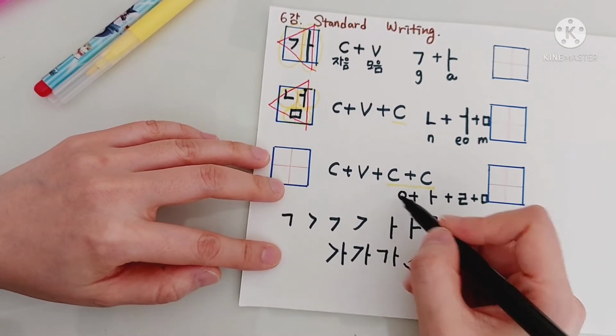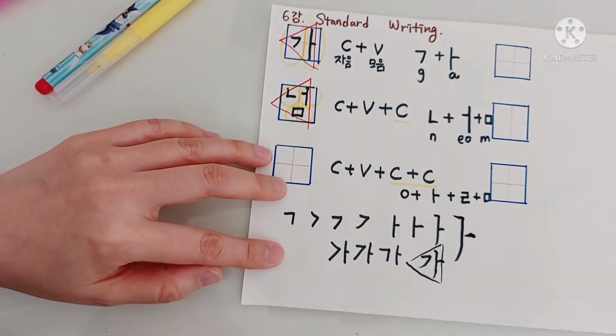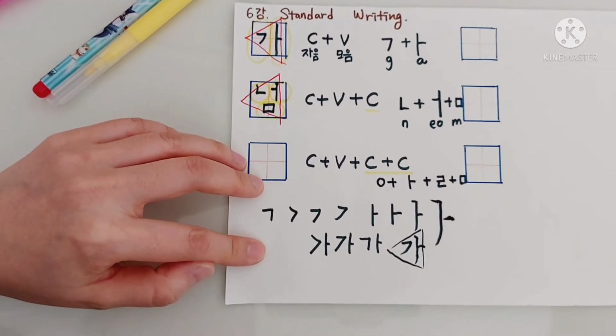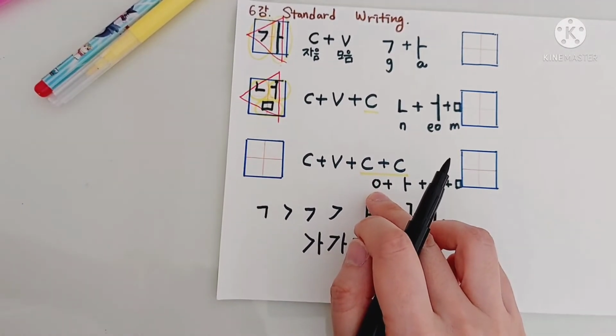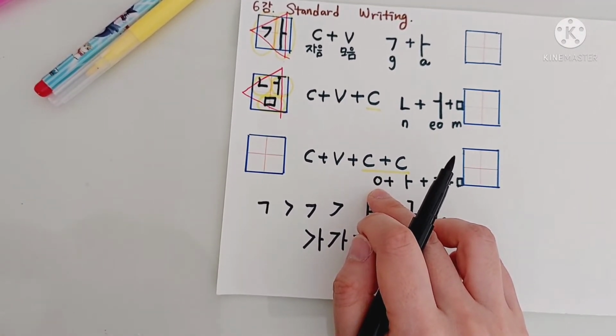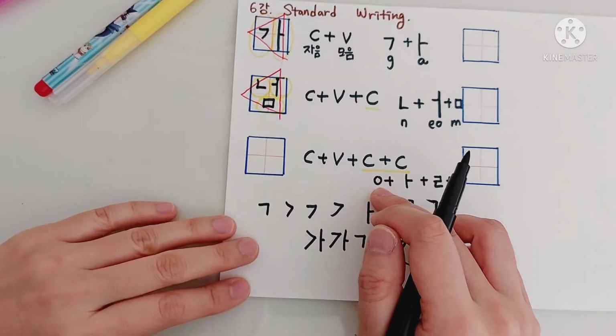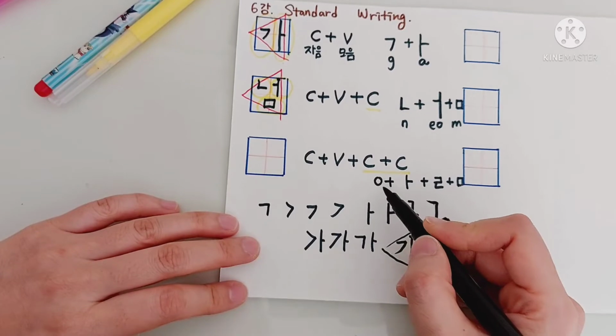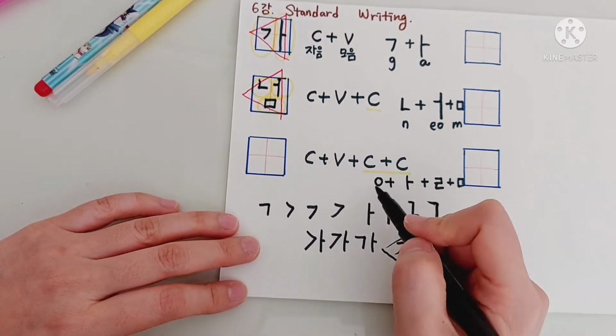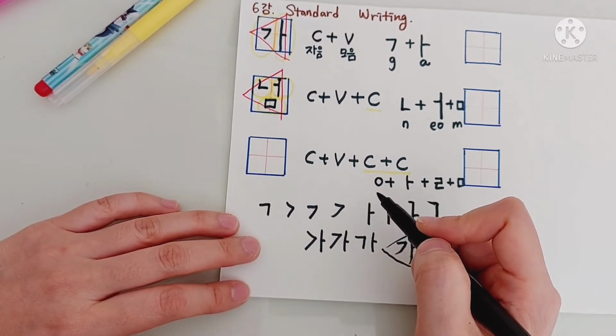Some teachers say it is a no-sound alphabet, but if it's not in the 받침, the bottom consonant, we can make a sound.